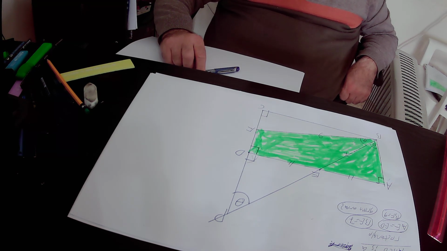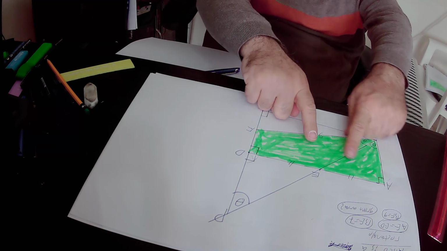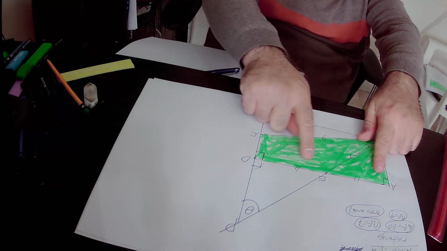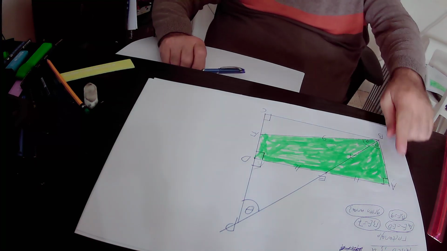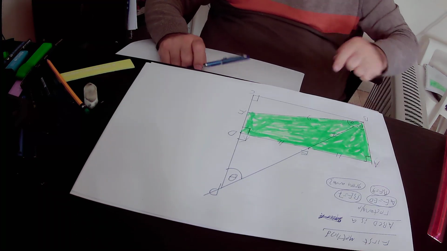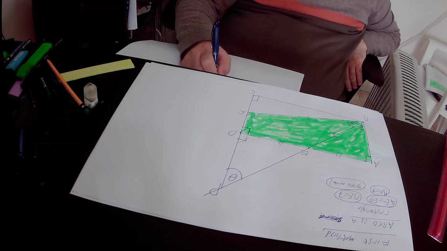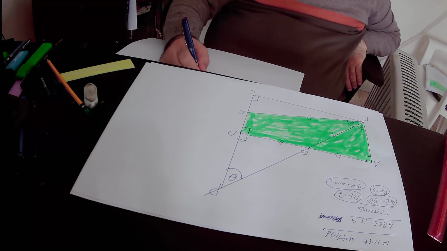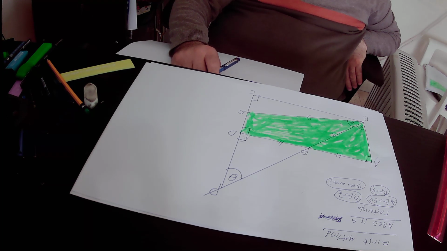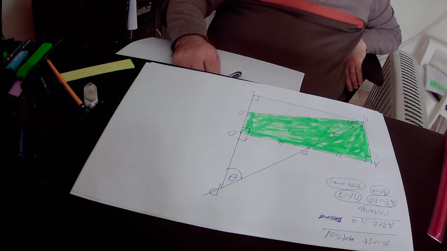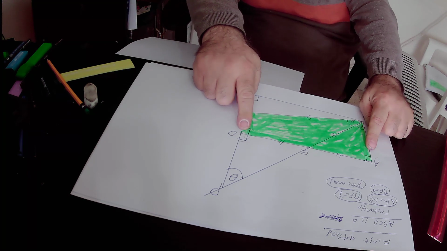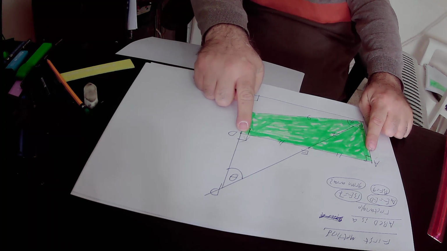First of all, it is given in the question that AE equals ED. We also know that those two angles are right angles, therefore they are equal to each other.